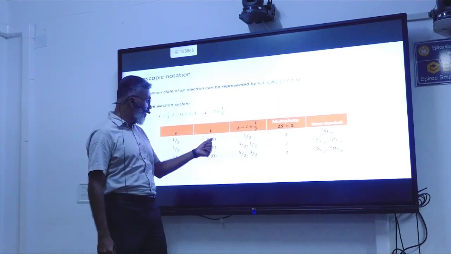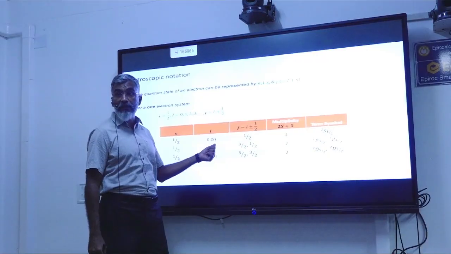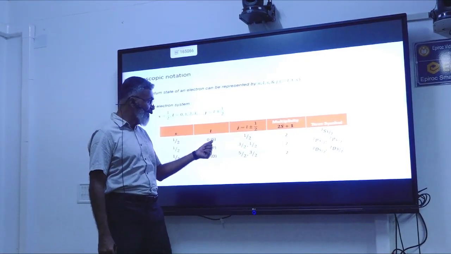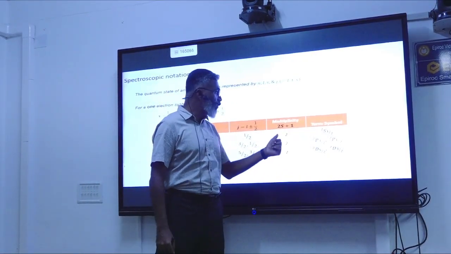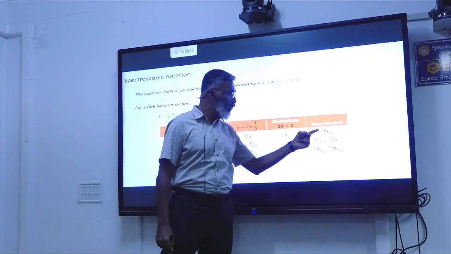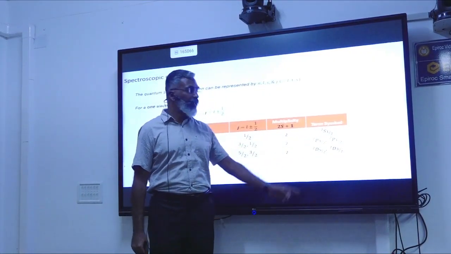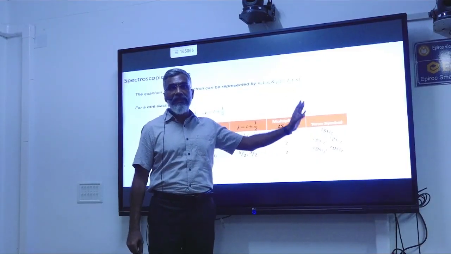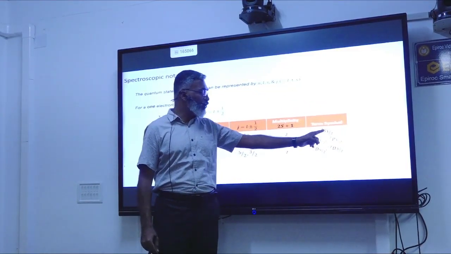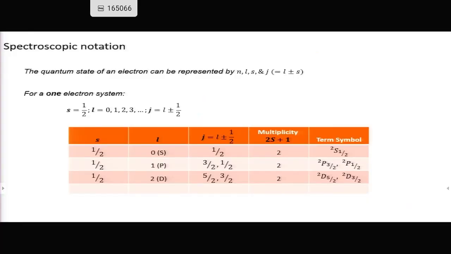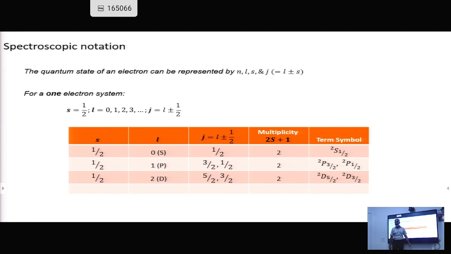First, you take the letter corresponding to L, say S, then you write the multiplicity, 2, and then the J value, which is half. It is pronounced as doublet S half. So this is called a doublet state. Whenever 2S plus 1 equals 2, that is multiplicity 2, it's called a doublet.